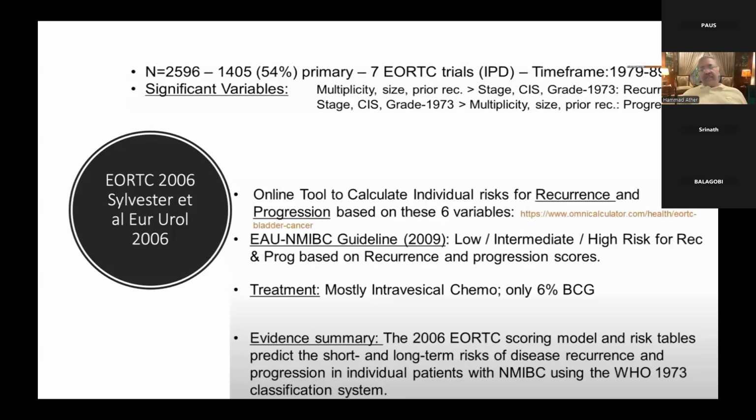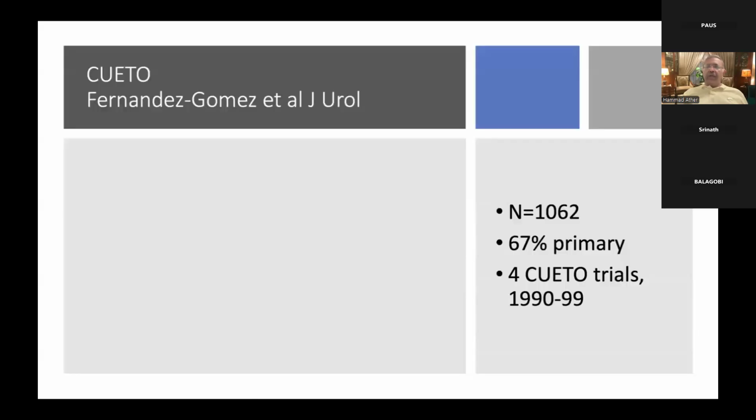The evidence summary for the 2006 risk assessment tool was that it is able to predict short and long-term risk of disease recurrence and progression in individuals with non-muscle invasive bladder cancer when the grading is done on the WHO 1973 system.